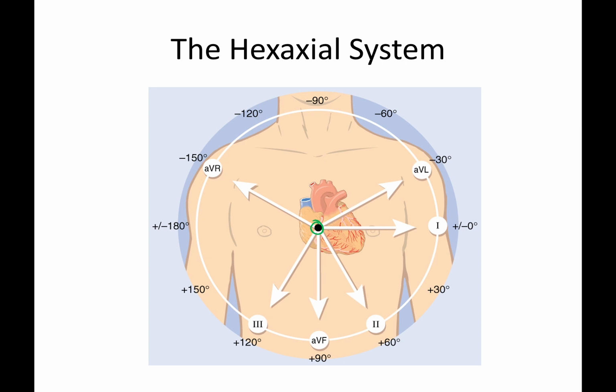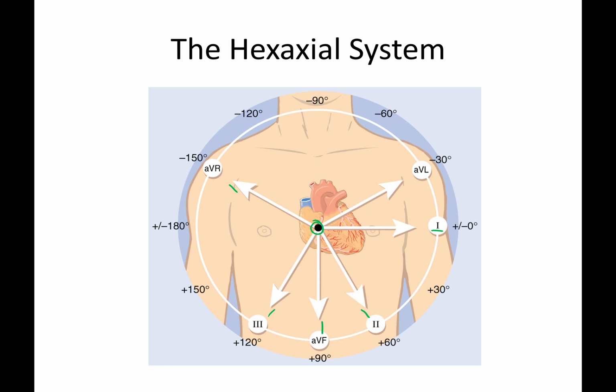Assuming that each of these leads is coming from a common point of origin, you can add them all up, where your lead 1 still goes to the right, your AVF still goes straight down, 2 has a bit of an angle, 3 is the alternative angle to that, and your AVR is almost opposite of your 2 lead.